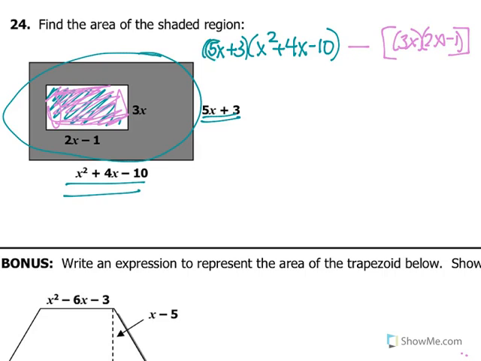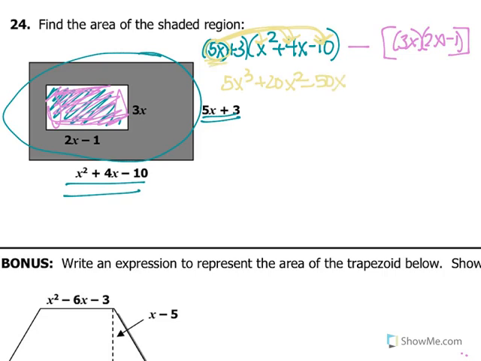So the first term, 5x, has to be multiplied by all three of these terms. So 5x times x squared is 5x cubed. 5x times 4x is 20x squared. And then 5x times negative 10 is negative 50x.